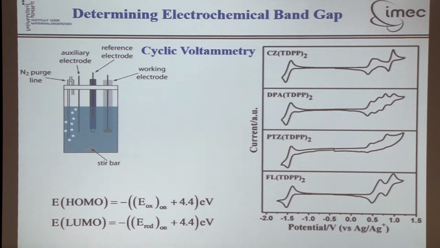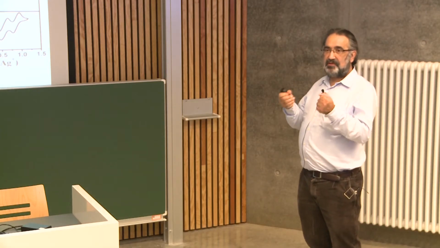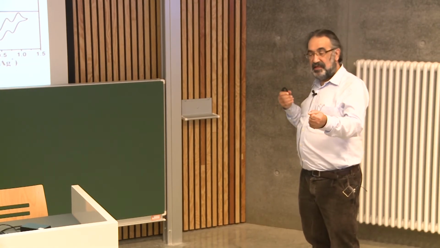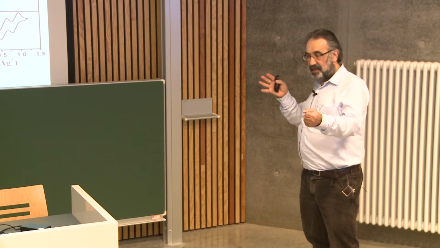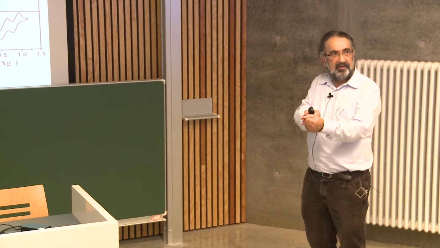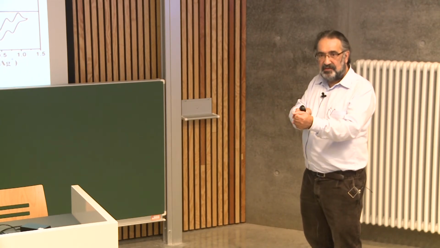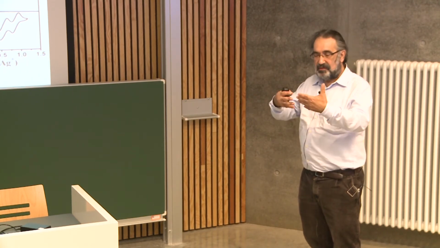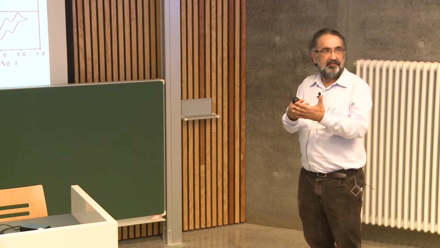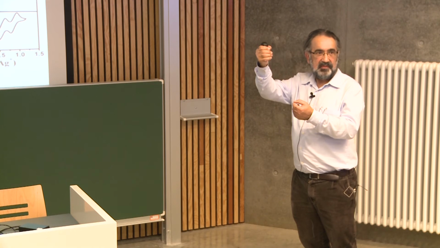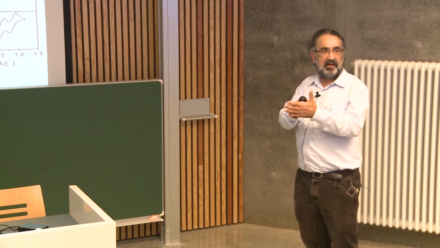But in the electrochemical band gap, what can happen is that when you extract electrons out of your film, this has to be compensated by counter ions that go into the film. Now this moving of counter ions can be hampered because of the density of the film. That means you need extra potential to push in the counter ions.